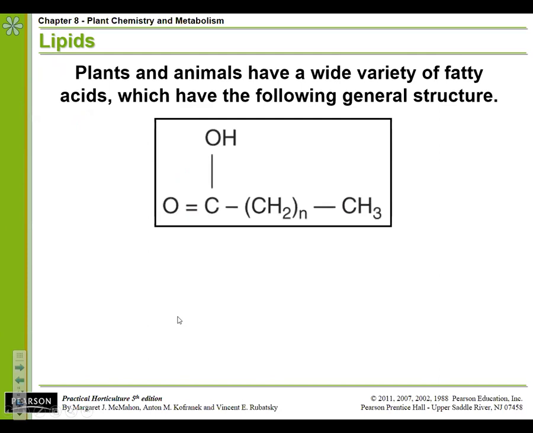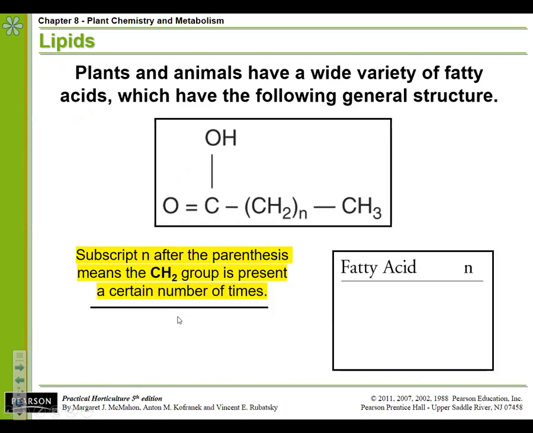Both plants and animals have a wide variety of fatty acids, and this is just the general structure of a fatty acid. When we see this subscript n after the parentheses of this CH2 group, that group is just present a certain number of times.